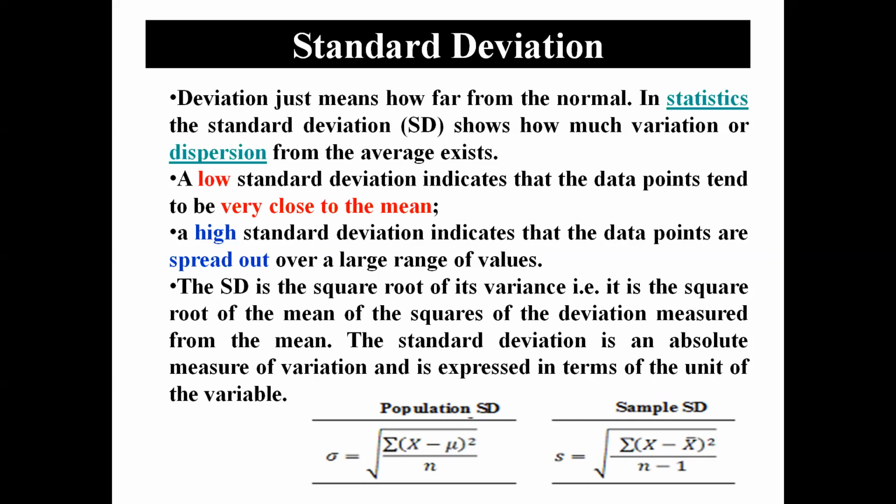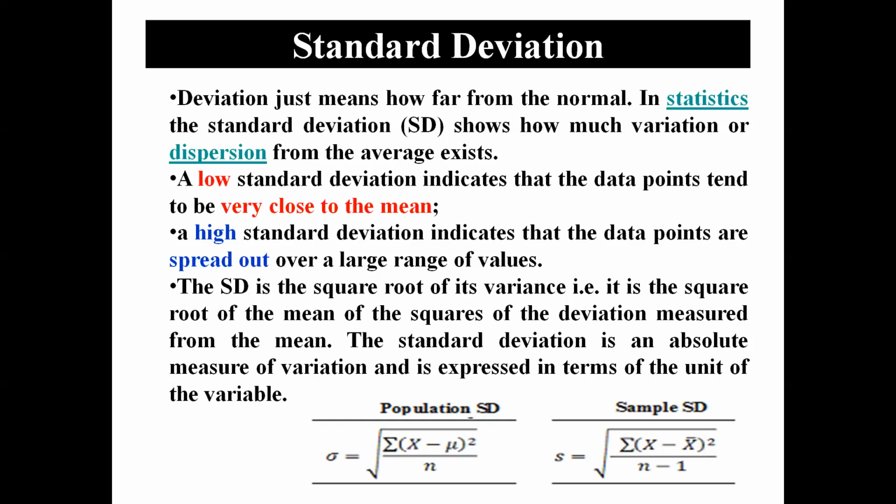A low standard deviation means the data points tend to be very close to the mean. And a high standard deviation means data points are spread out. Low means very close to mean, and high means they are spread out.